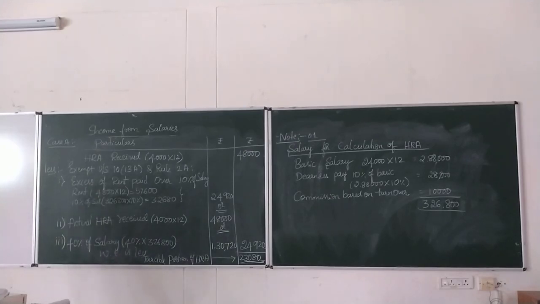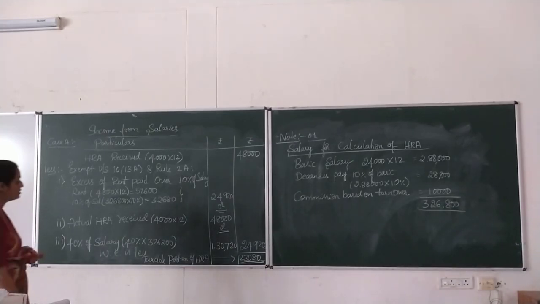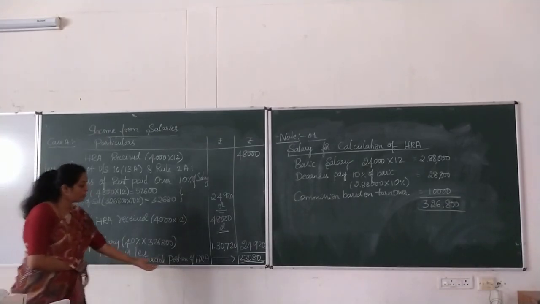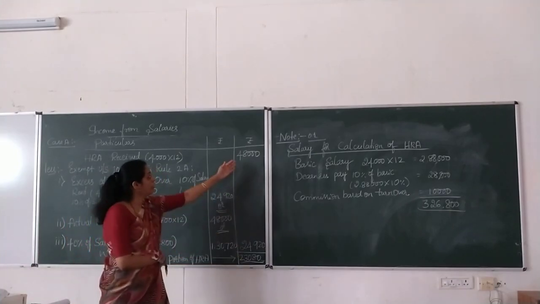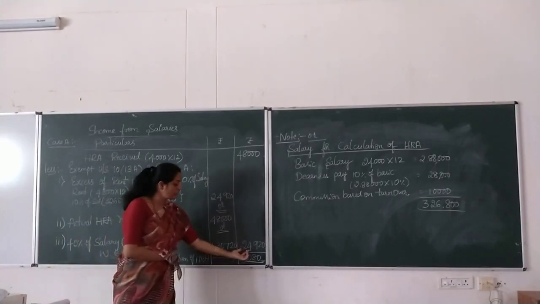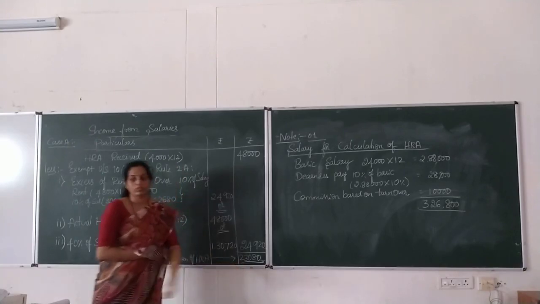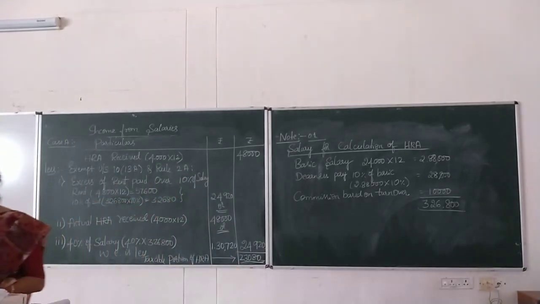Which one is less? In this case, 24,920. So the taxable portion of HRA is 48,000 minus 24,920, which gives 23,080. This is case A.